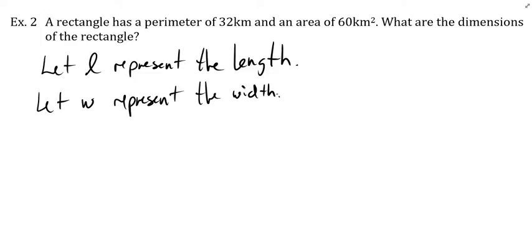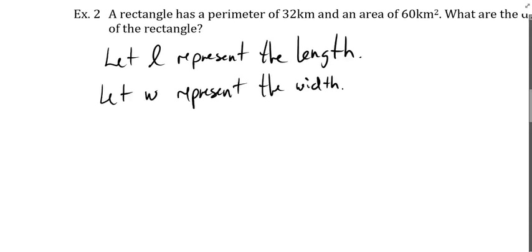And it helps when you see one of these questions in advance. If we're given the perimeter, I have to use that first to do this. So I'm going to go perimeter equals 2 times length plus 2 times width. That's just the formula. Gives me the perimeter.